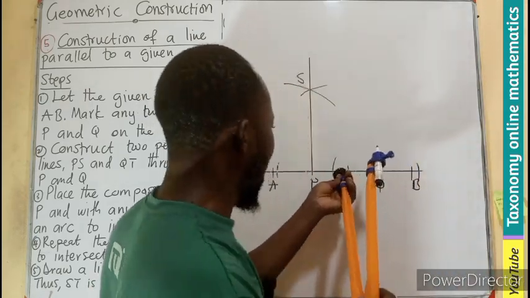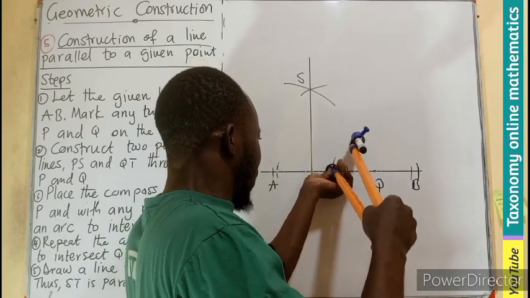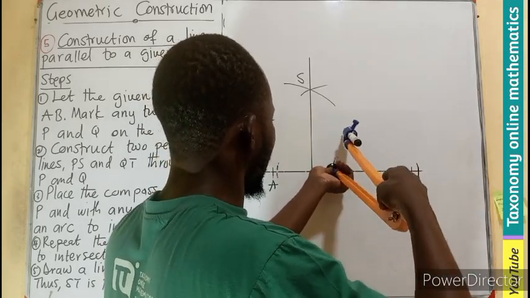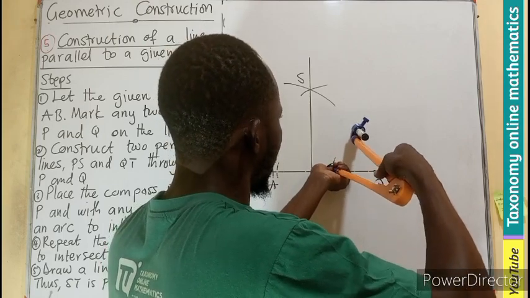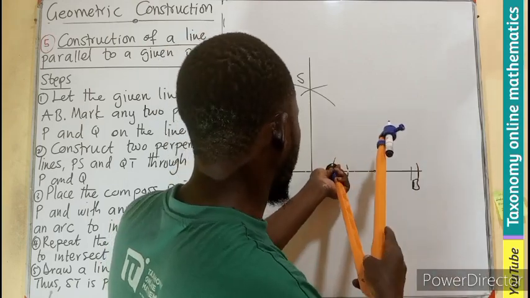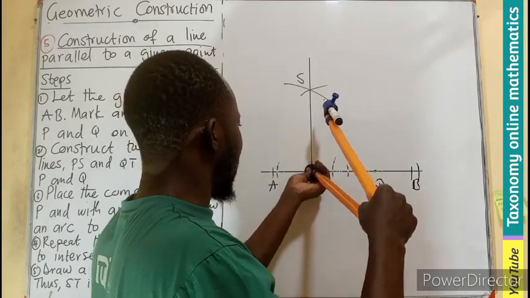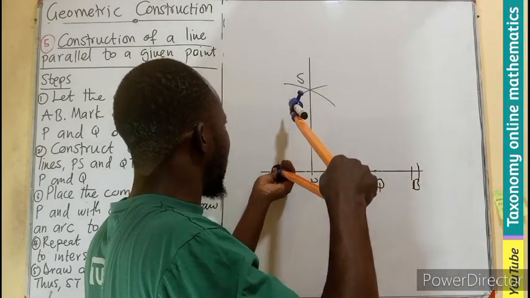So with those 2 lines, open a radius. It's going to be the same radius, so let me not change the radius.